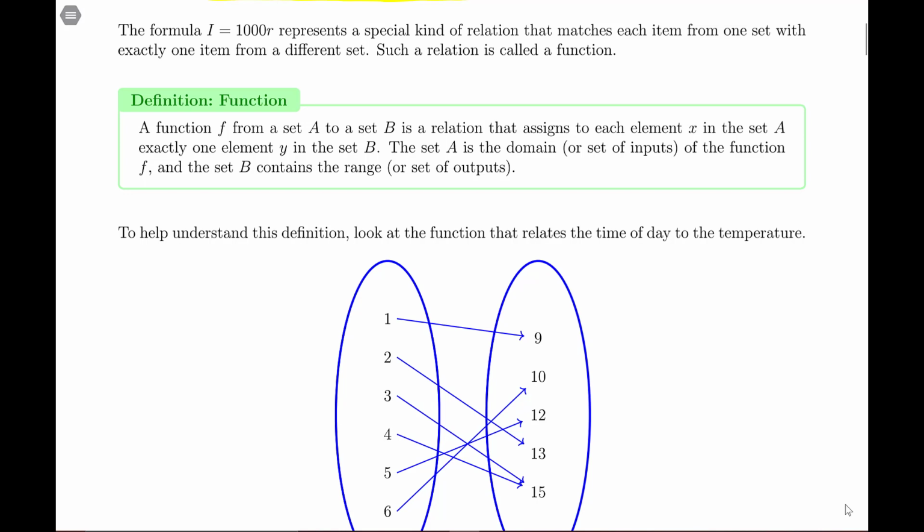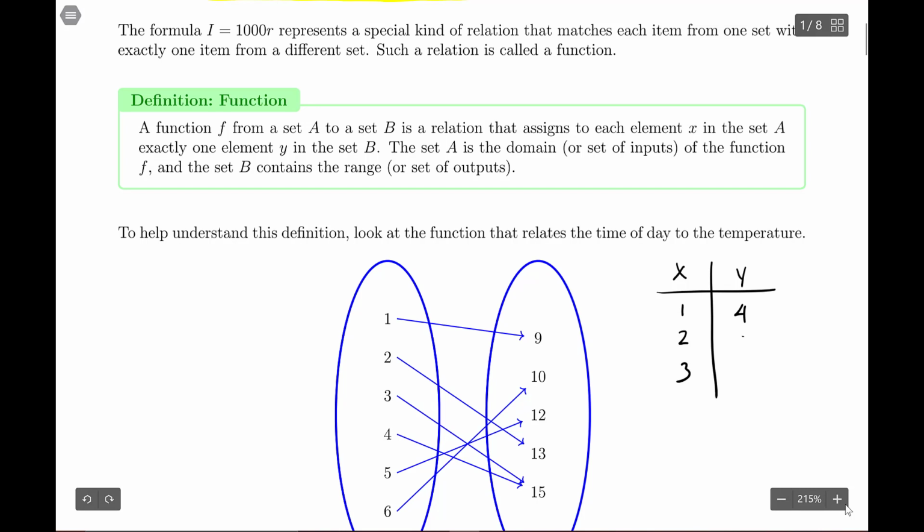So the set A is the domain, or the inputs, and the set B is the y values, or the outputs. If we imagine it kind of like a table of values, we could look at these x values as our set A and these y values as our set B. Set A only contains the numbers 1, 2, and 3, and set B only contains the numbers 4, 5, and 6.